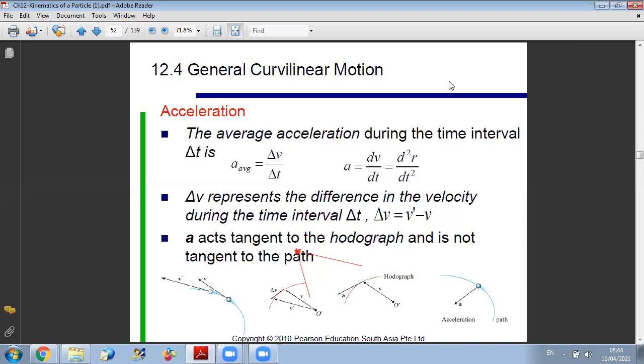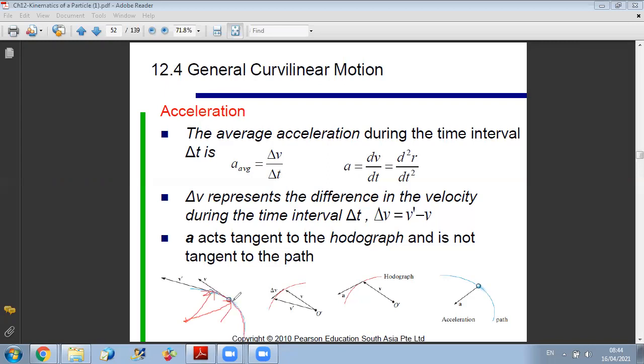In the path of motion, the variable vector is the position vector. So for example here, this is the path in blue. When you take the origin, you draw the position vector at any instant, and when you join the points, you will obtain the path of motion.